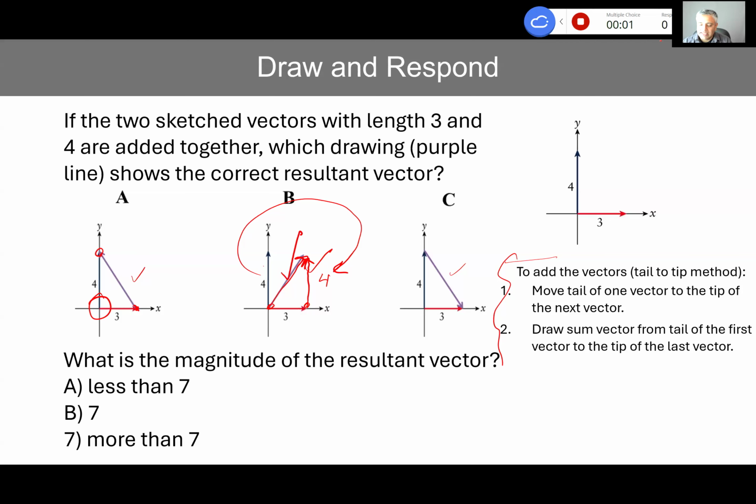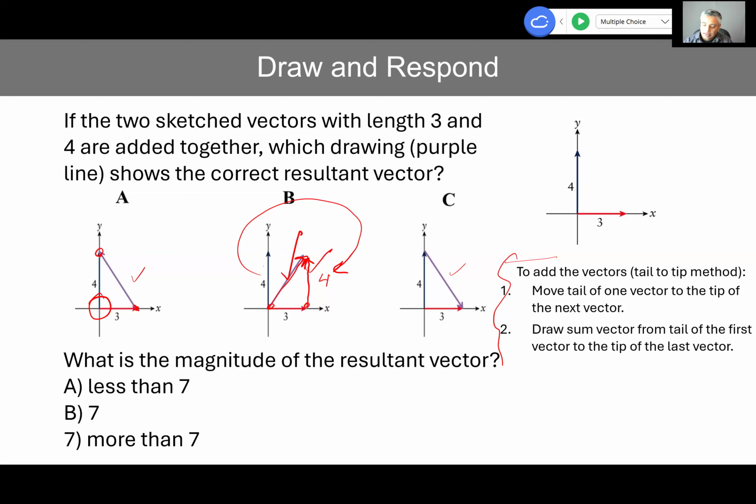You have just 30 seconds for this. Five more seconds. 5, 4, 3, 2, 1, and it stops.